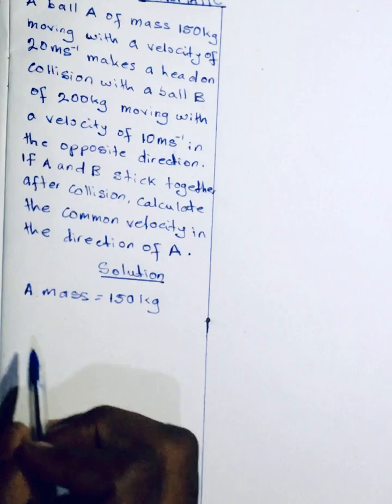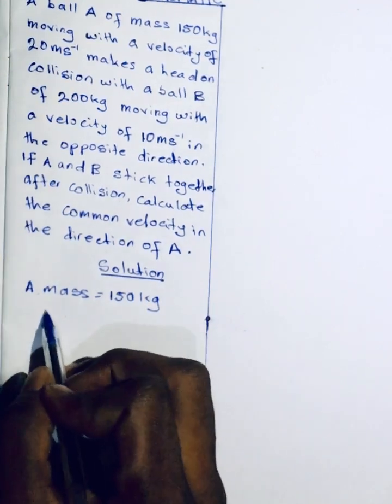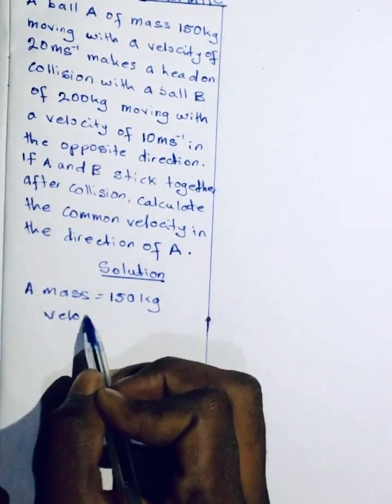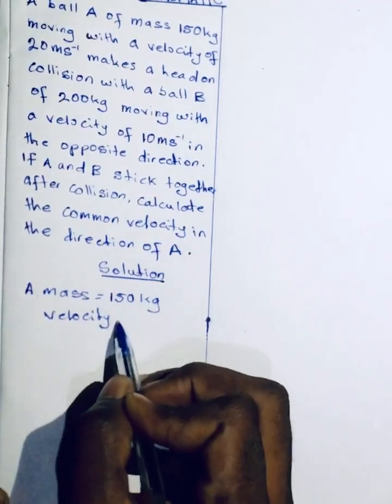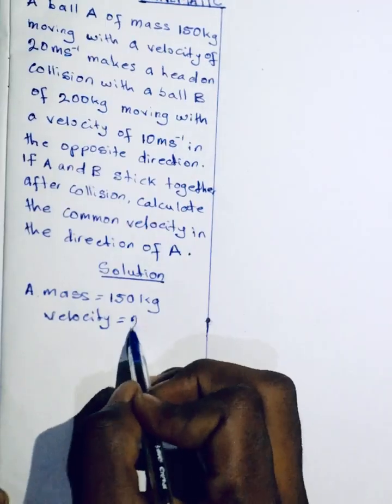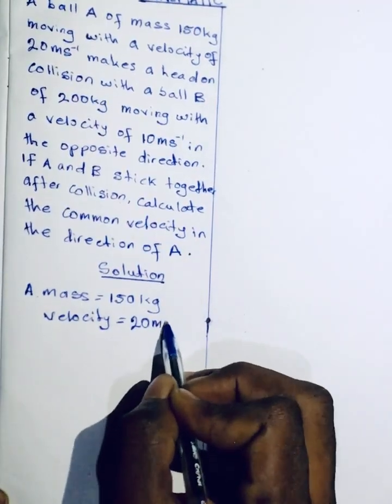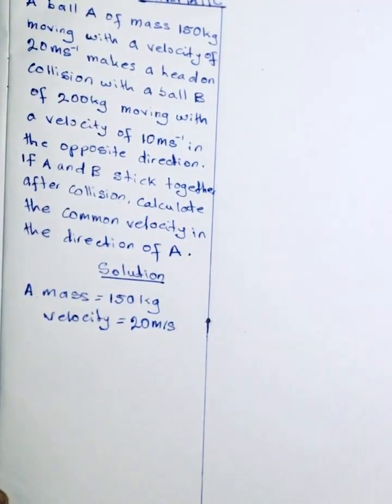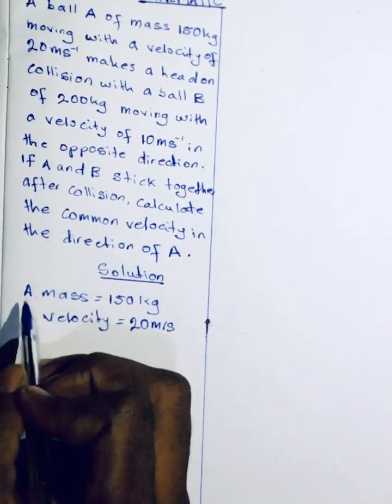Then the velocity is equal to 20 meters per second. This is for the first ball.